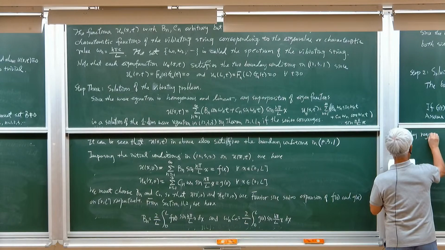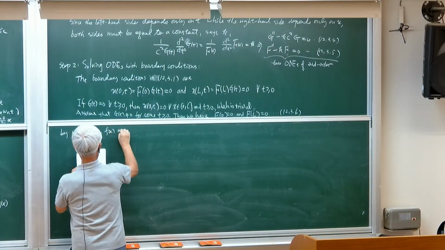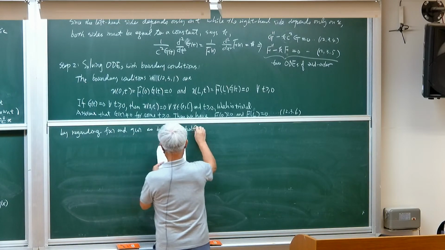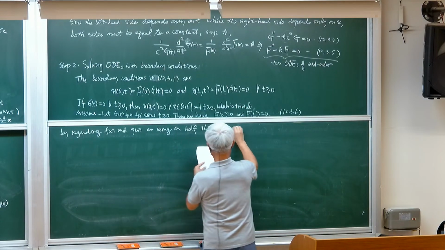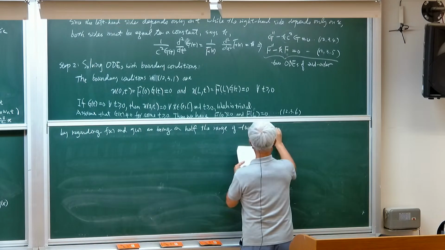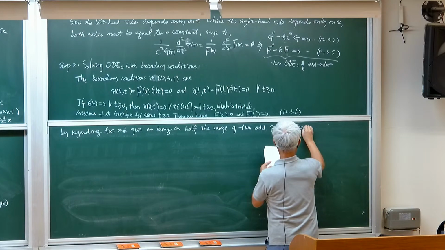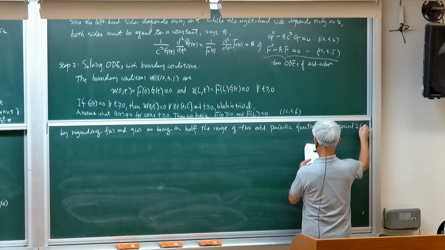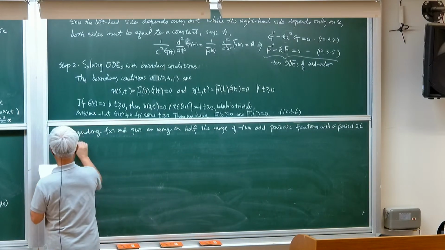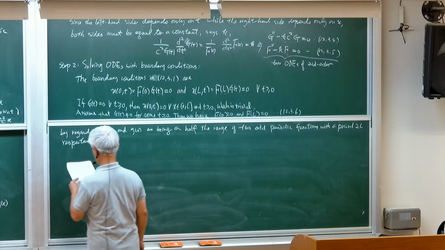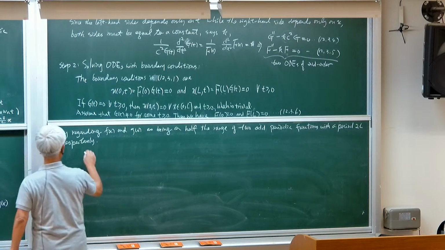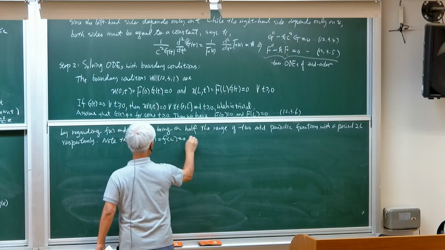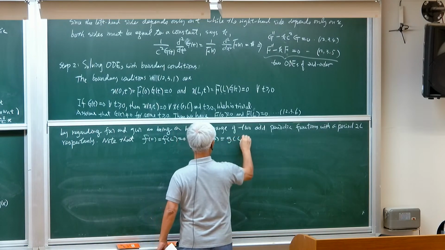So by regarding f(x) and g(x) as being the half range of two odd periodic functions with period 2L respectively, we know, as we have shown, that f(0) equals f(L) equals 0, and g(0) equals g(L) equals 0.